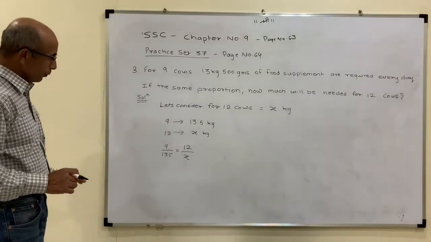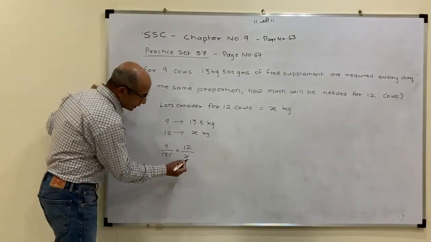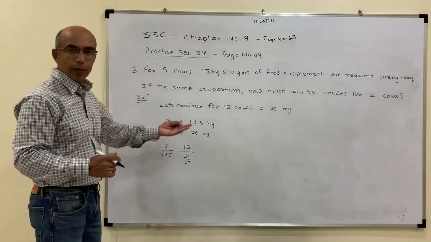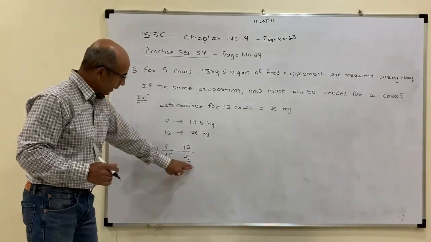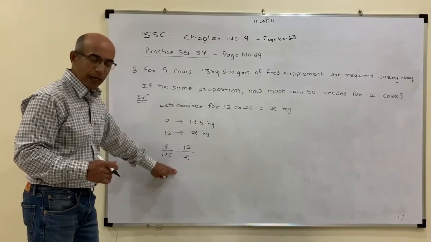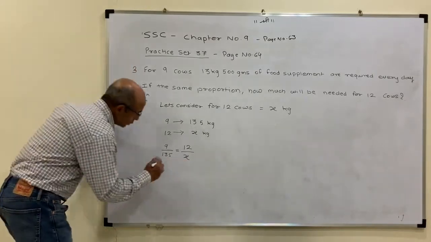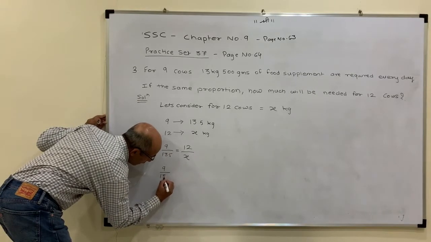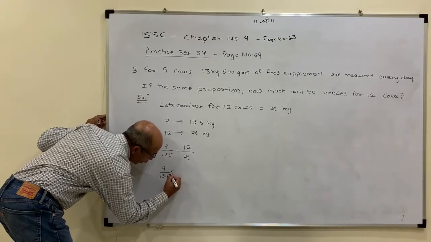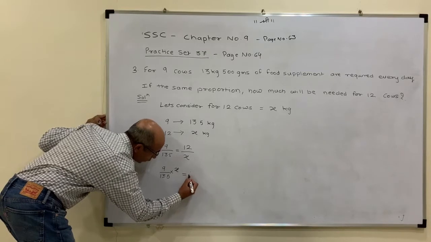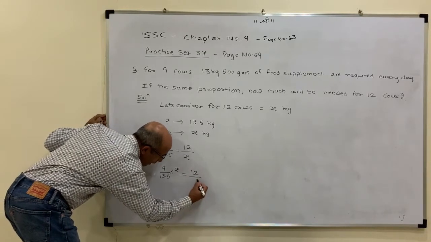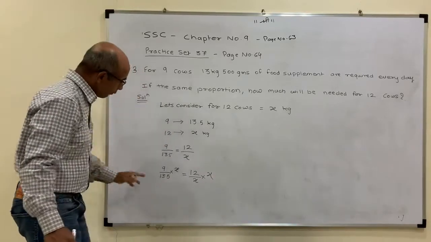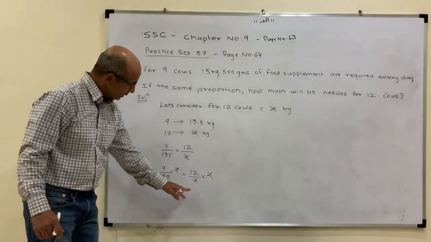First step: since x is the value to be found, we want that to be on the numerator side. So we multiply both sides by x. So 9 divided by 13.5 into x equals 12 divided by x into x. Why have we multiplied both sides?